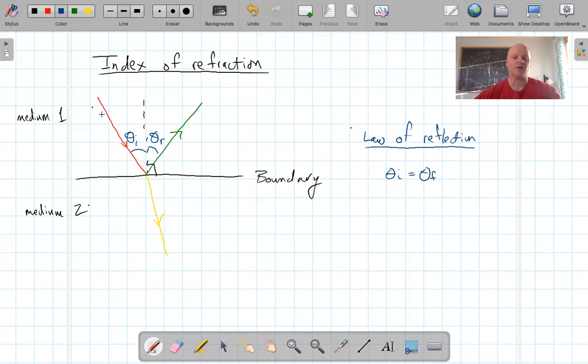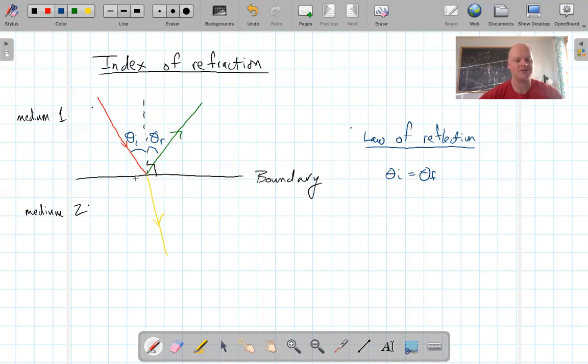When this light encounters the boundary and gets reflected off, whatever the initial angle was relative to the normal, it gets reflected back off at exactly that same angle. This is also true for any curved surface.